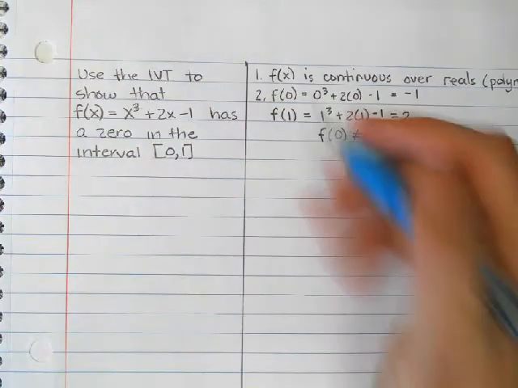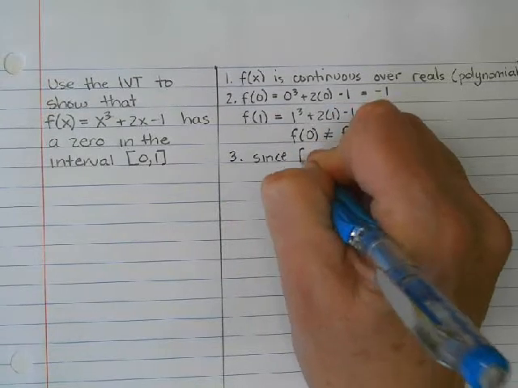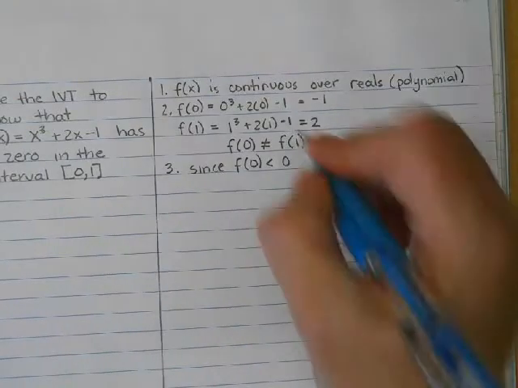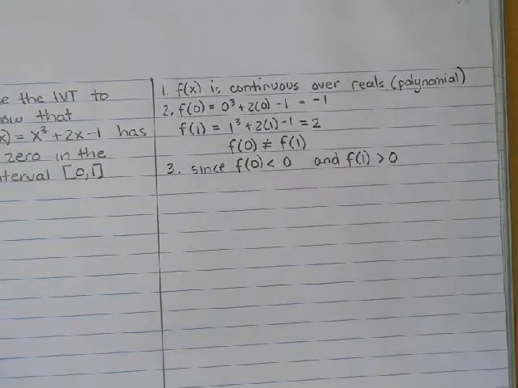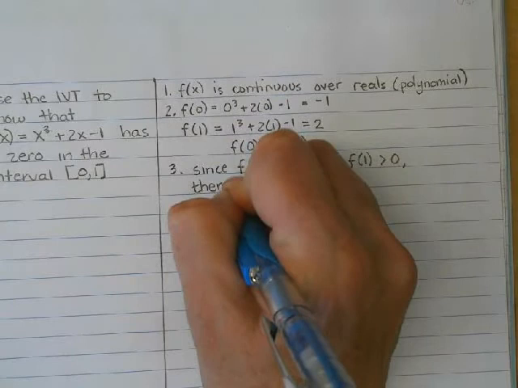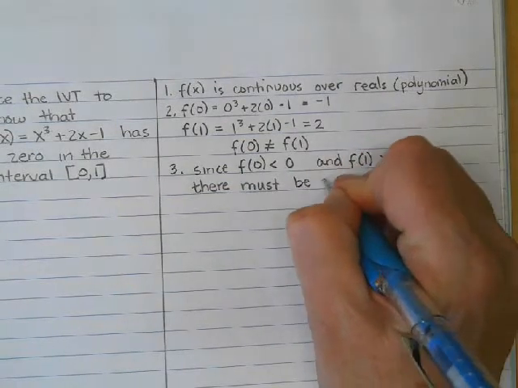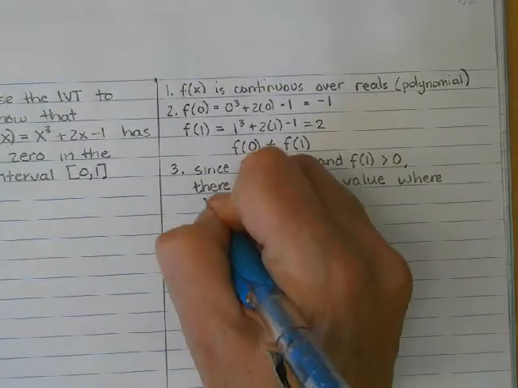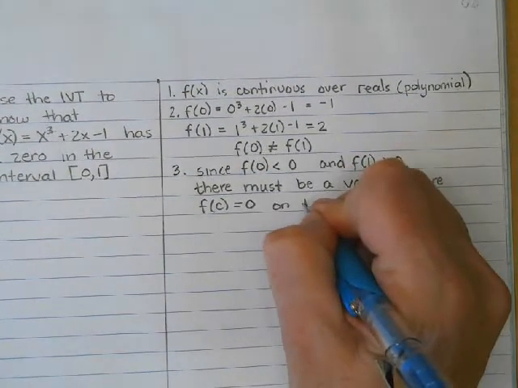Okay, so on step number 3, I'm going to say since f of 0 is less than 0 or negative, and f of 1 is greater than 0, which means it's a positive, so they have opposite signs, there must be a value where f of c equals 0 on the interval.